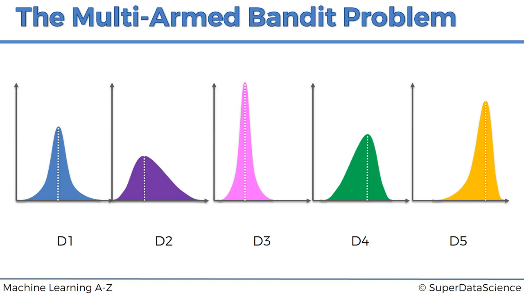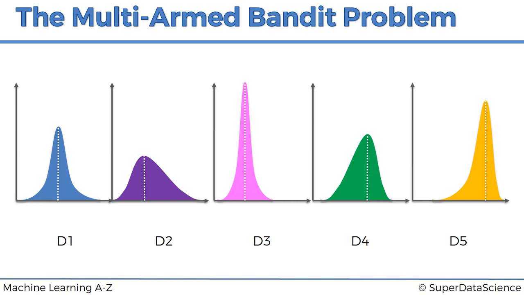You don't know which one of these is the best. You've got to figure it out. But at the same time, you are already spending your money doing this, right? The longer you take to figure it out, there's a trade-off. The more money you will probably spend on the wrong ones, and therefore you have to figure it out very quickly.